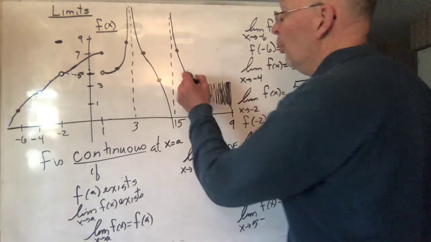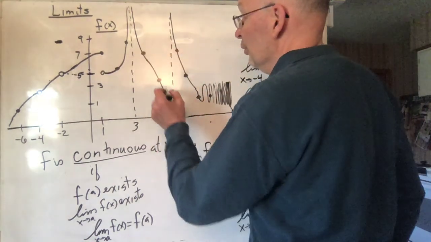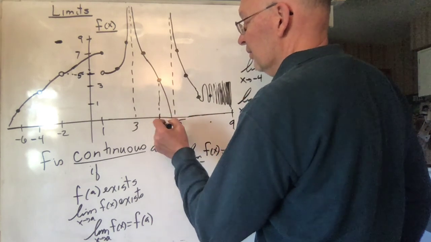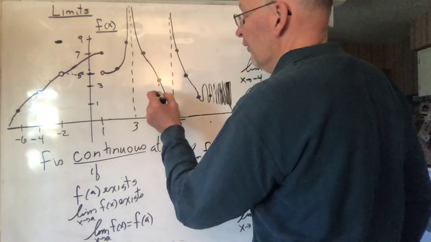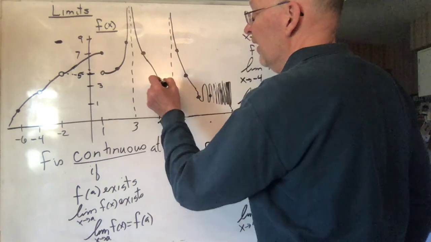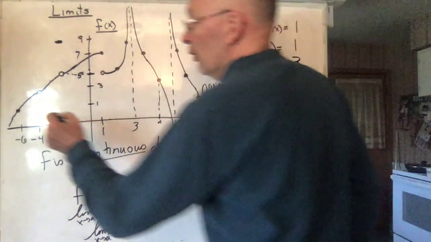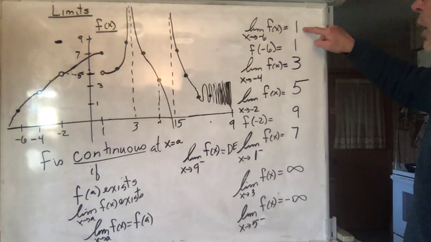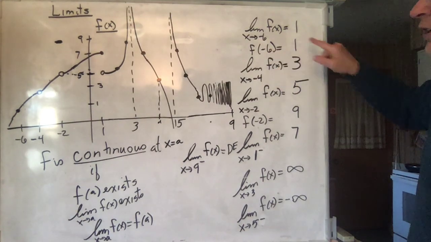So at all of these points right here, notice that that's true. Right here, the limit of the function at this point, say it's 4, is this value, and that's also the value of the function. Right here, look at what happens at -6. The limit is 1, and also the value of the function is 1.